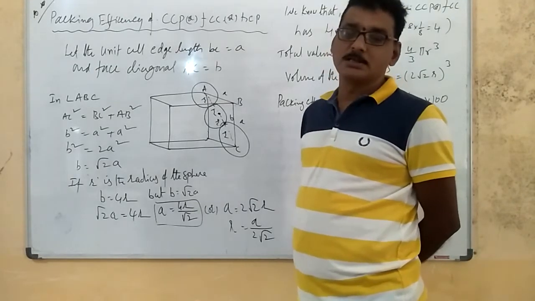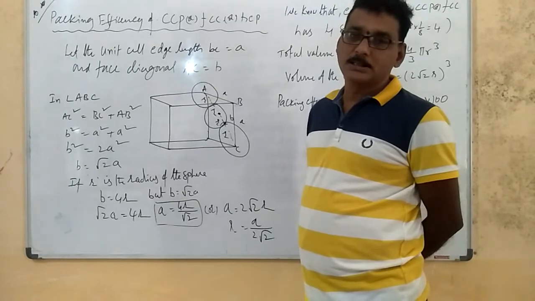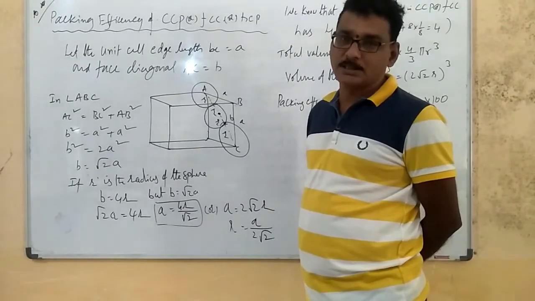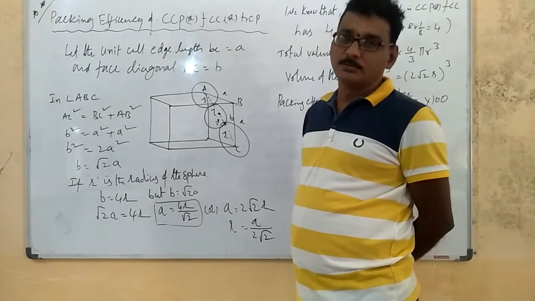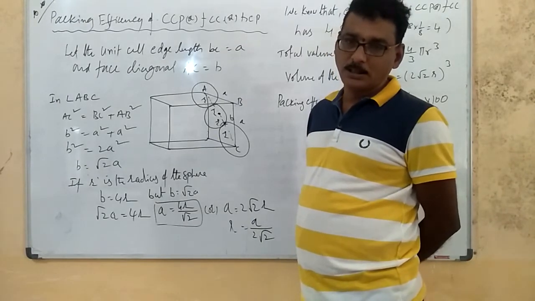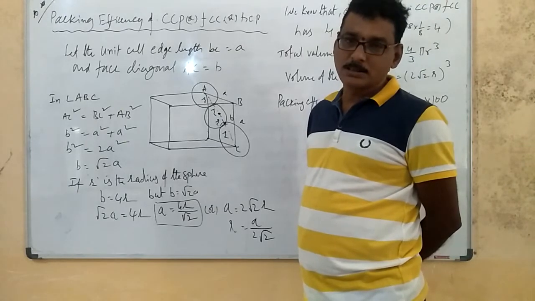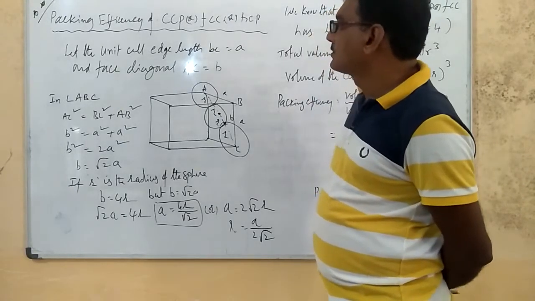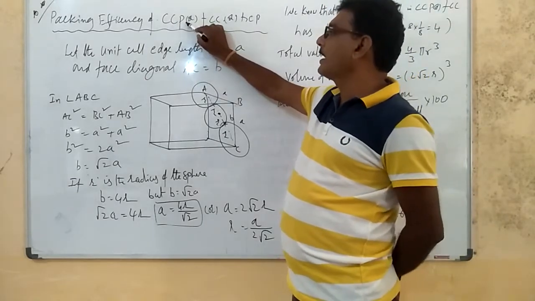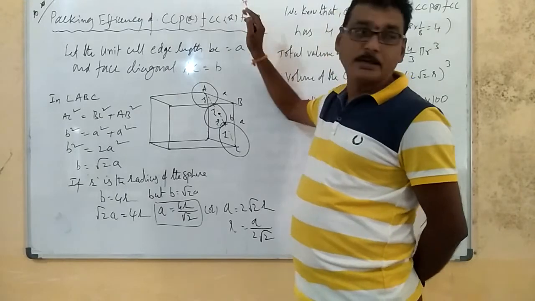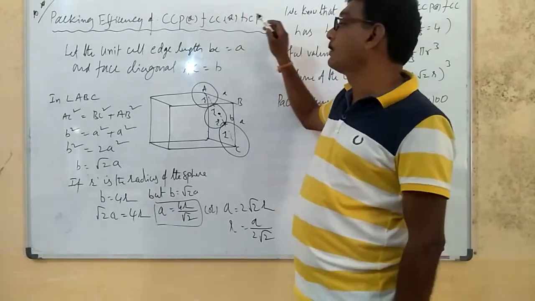Empty space means 100 minus 74, that is equal to 26 percent, is the empty space present in the FCC or CCP. So now today, the packing efficiency of cubic closed packing or face centered cubic or hexagonal closed packing.